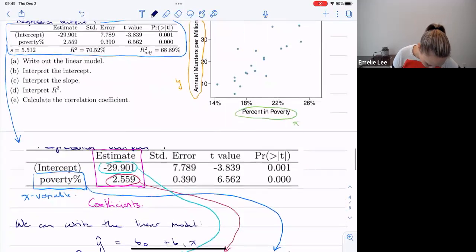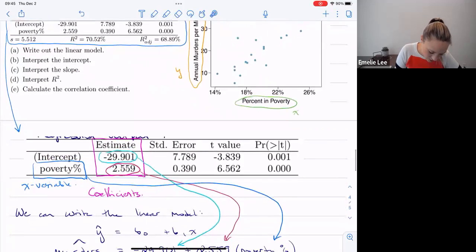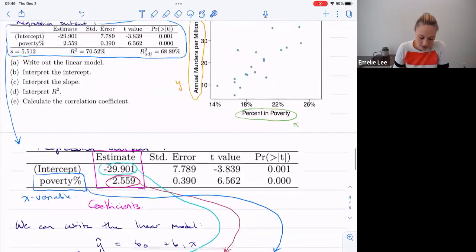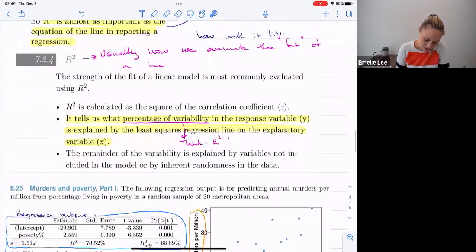I do want to go through these questions, especially the last one, because I realize I forgot to mention it. R squared is just the correlation squared. R squared is calculated as the square of the correlation coefficient, your R, which means you can go back and forth between the two.